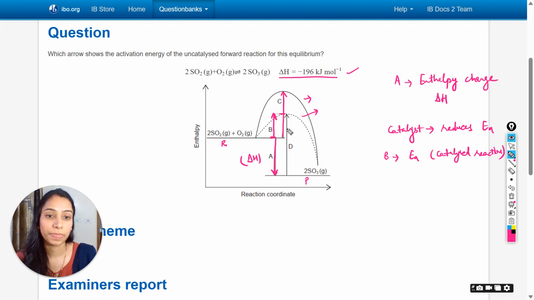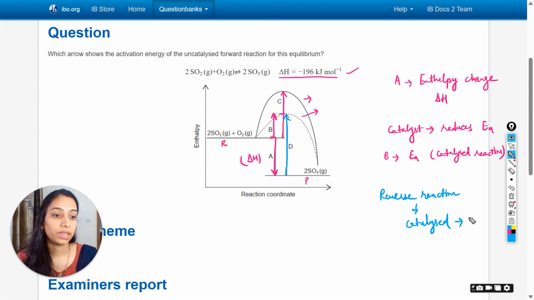And this D represents the arrow from the products to the top of the dotted line, which means when the reaction goes in the reverse direction, from products to reactants, by this dotted line pathway, which means a reverse reaction when catalyzed.